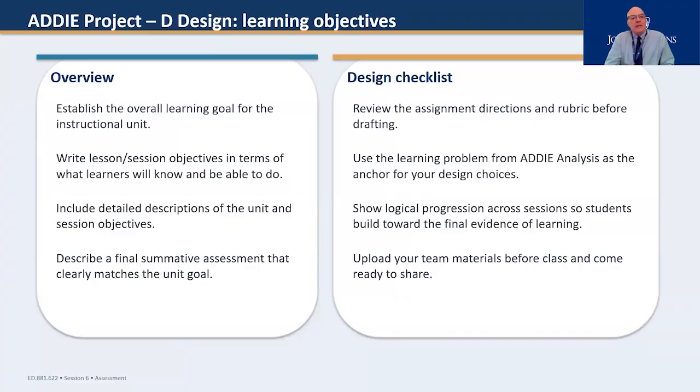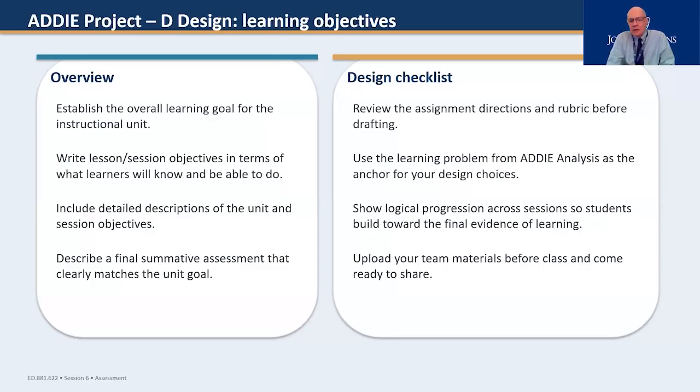So, in the middle design stage of our ADDIE project that you will do together as a group, we establish the overall learning goal for the instructional unit. And so, as a team, you'll write learning and lesson objectives in terms of what learners will know and be able to do using the earlier model that I showed with Bloom's taxonomy.